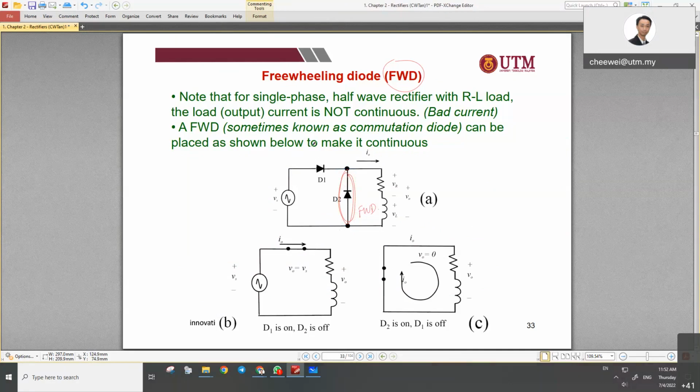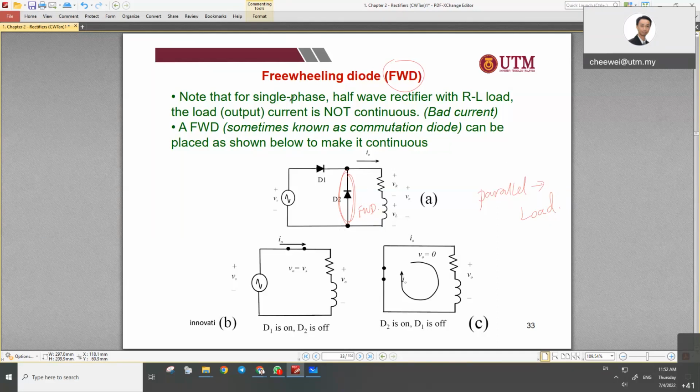The one that you add in on the right hand side here, D2, you can call the FWD because it is in parallel to the load. So what is the implication? We already know the current becomes continuous, and number two, it eliminates the negative part of the voltage.